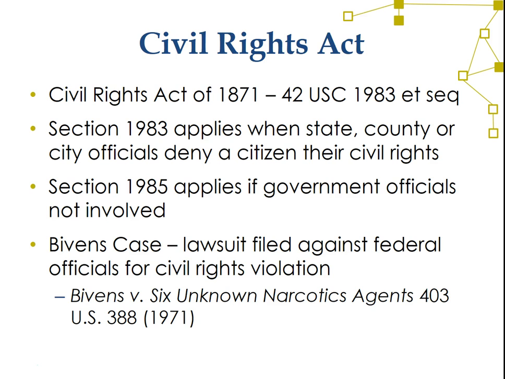Now, Section 1983 applies to state but not federal government personnel. But the Supreme Court, in a case called Bivens versus Six Unknown Named Agents of the Federal Bureau of Narcotics, made similar redress, and we've already identified what that means, compensation, available to individuals whose rights were violated by federal officers.